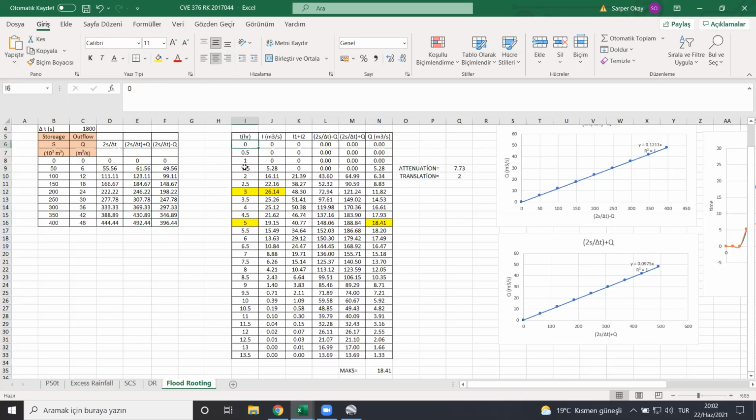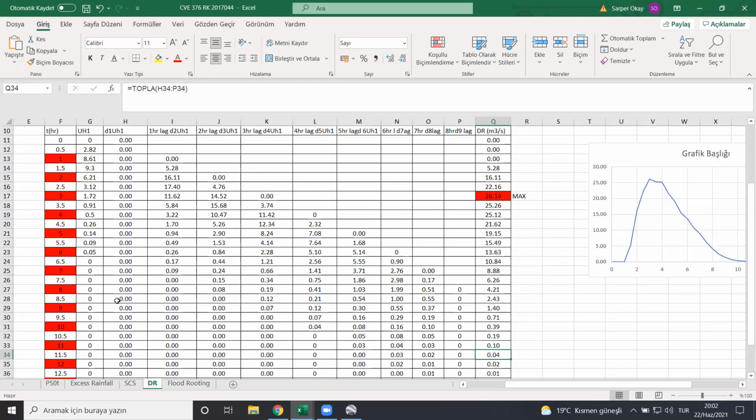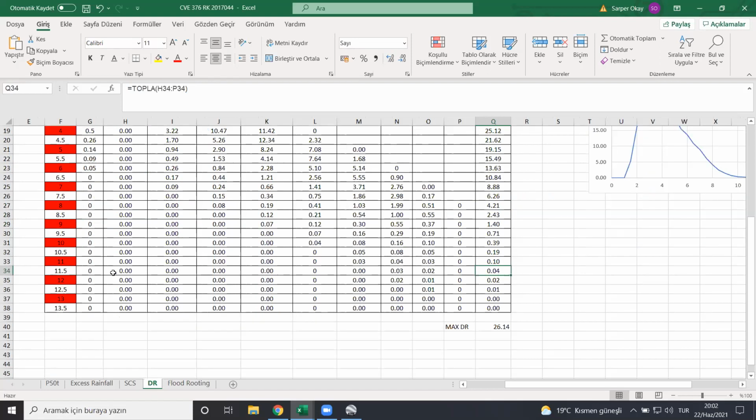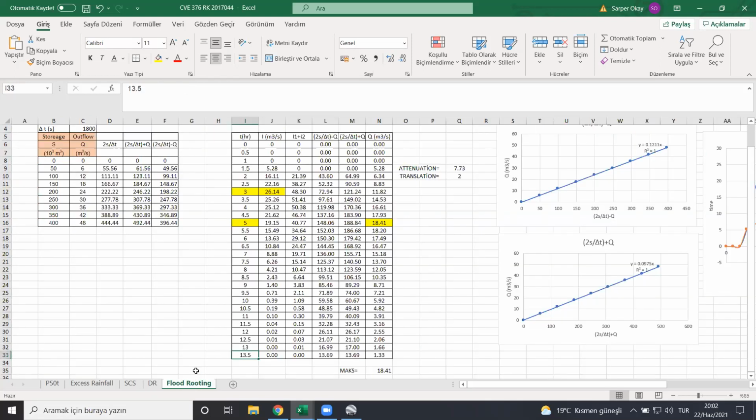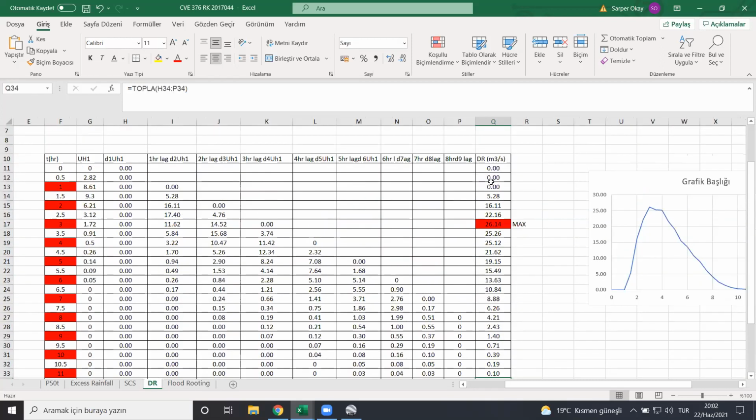You are taking these values from here. It starts from 0 from your direct runoff part, and it goes till 13.5. For your situation, it might be different according to your increment. As I said, these direct runoffs now will be your inflows.